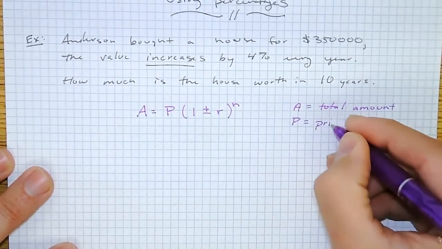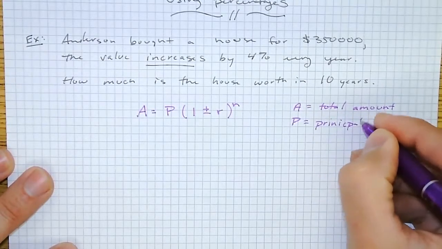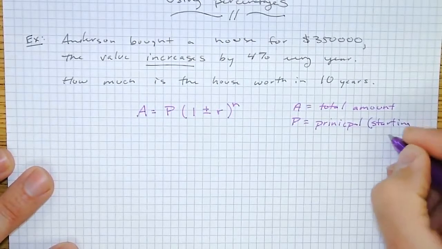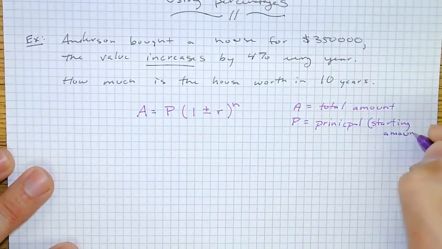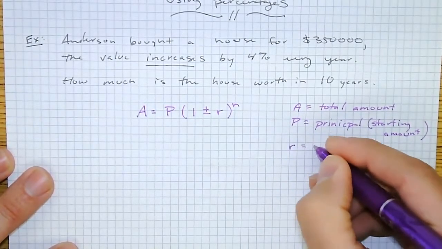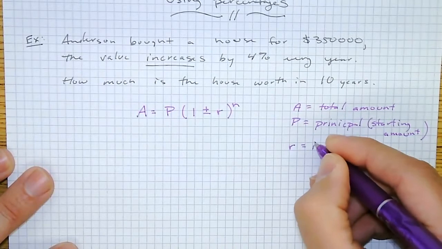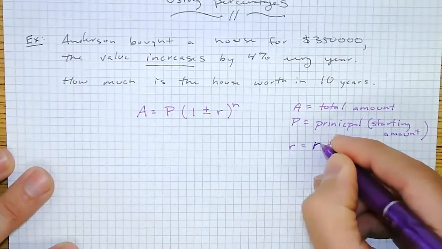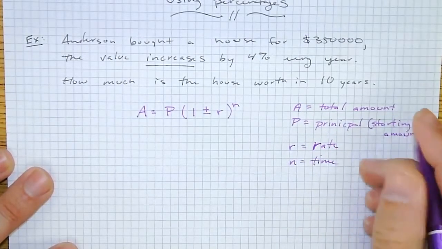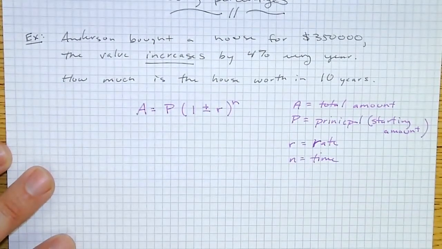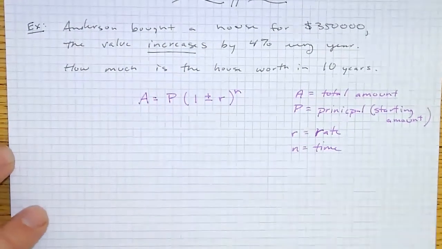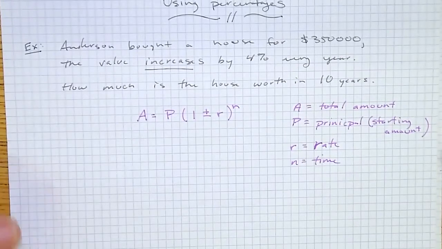P stands for principal, which is another way of stating your starting amount. R stands for rate. And N is for time. In this case, time is referring to years.